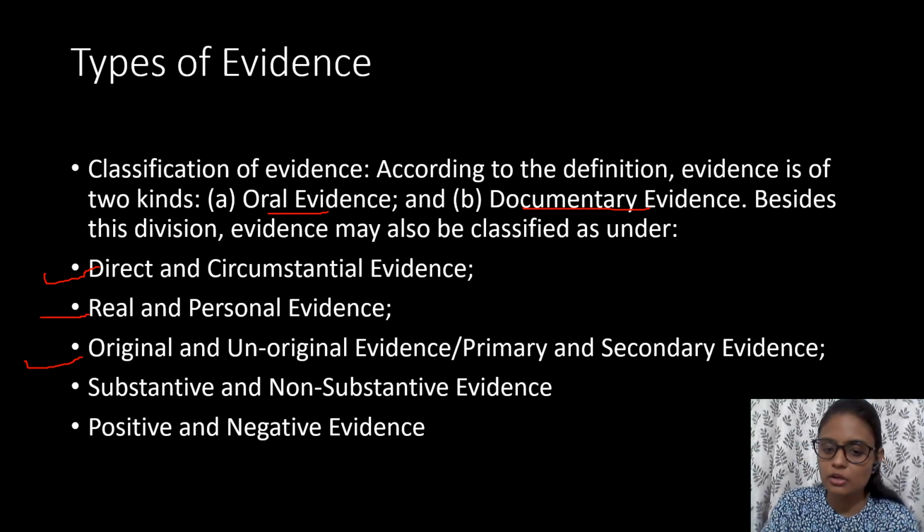Then substantive and non-substantive evidence. Corroboration is sometimes considered non-substantive evidence, and sometimes contradiction is considered non-substantive evidence. Then positive and negative. Positive is showing a positive impact on the case, and negative is showing a negation or negative impact on the case, that would be negative evidence.